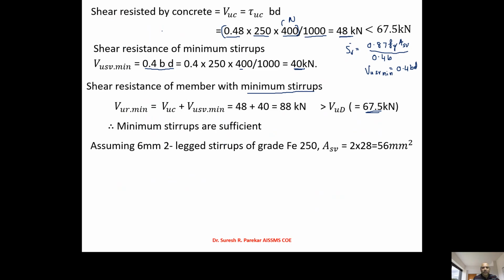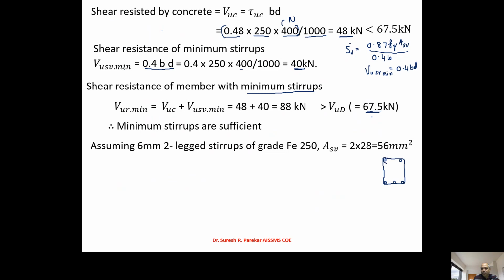So we will assume 6 mm two-legged stirrups of grade Fe 250. Two-legged stirrups means, if we look at the section, this will be our anchor bar, and we have main bars on the tension side, and this is the stirrup.